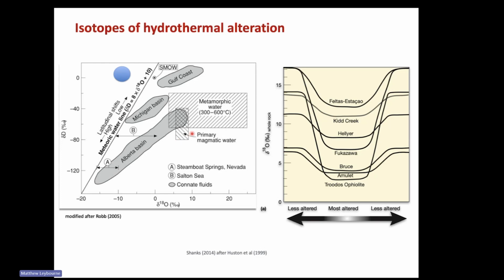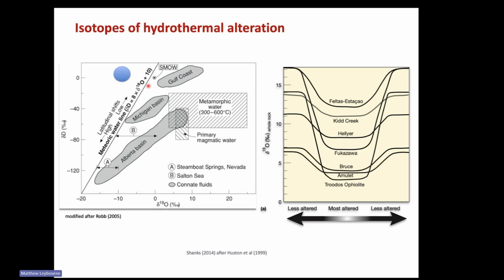So as Bob's saying, it's the nature of the fluids doing the alteration. It depends on where that originates on the meteoric waterline, because most hydrothermal fluids, I should say, the plot on the right is for volcanogenic massive sulfide deposits, which we're going to learn more about in subsequent lectures. But in those cases, most of the fluid is modified seawater, and it's been modified by interacting with rocks.